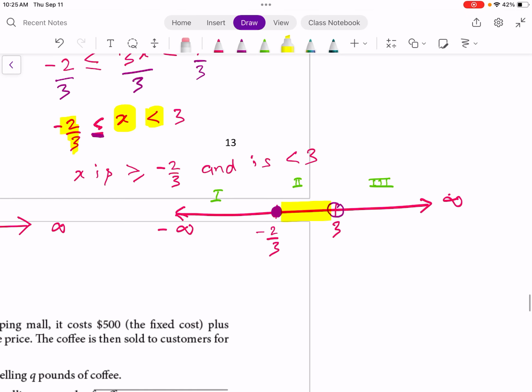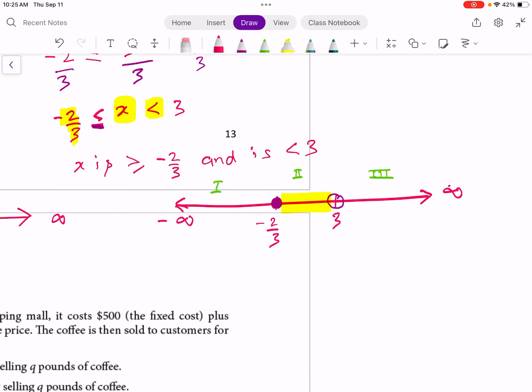Now let's write it in interval notation. This yellow region is starting from negative 2 over 3. Always start from the left number and end at 3. At negative 2 over 3 we have a closed circle, so use a bracket. At 3 we have an open circle, so parenthesis, and this is the solution for this inequality.